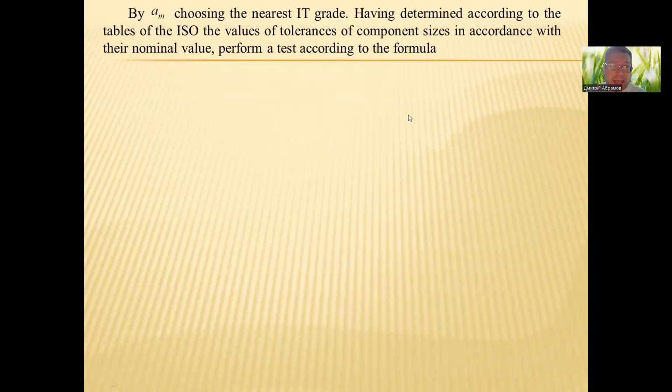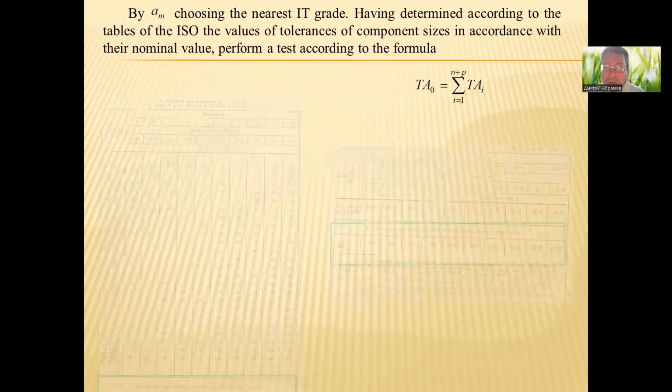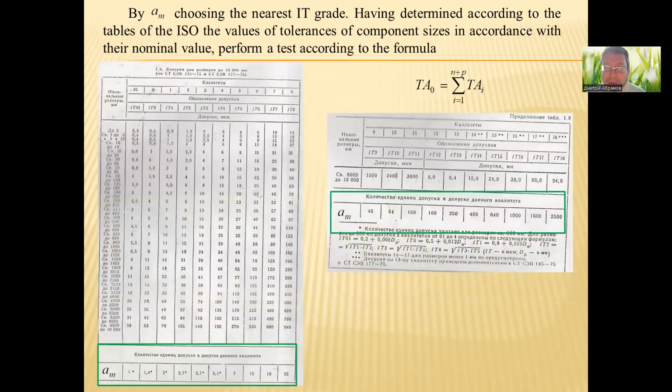By A suffix m, choosing the nearest IT grade, having determined according to the ISO tables the values of tolerance of component size in accordance with the nominal value, perform a test according to the formula. Formula number 1 on this slide.